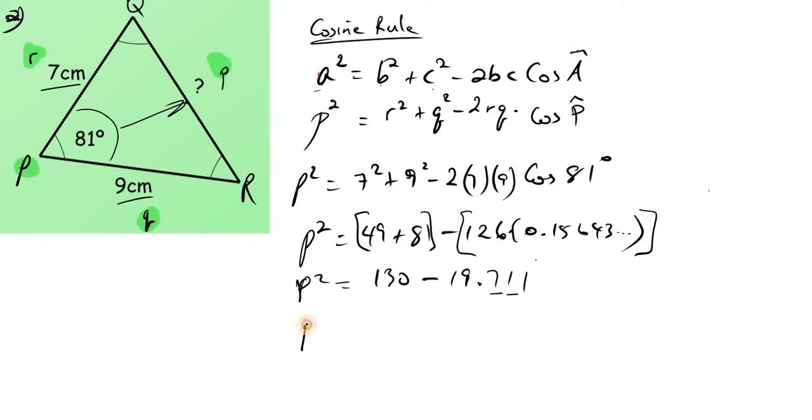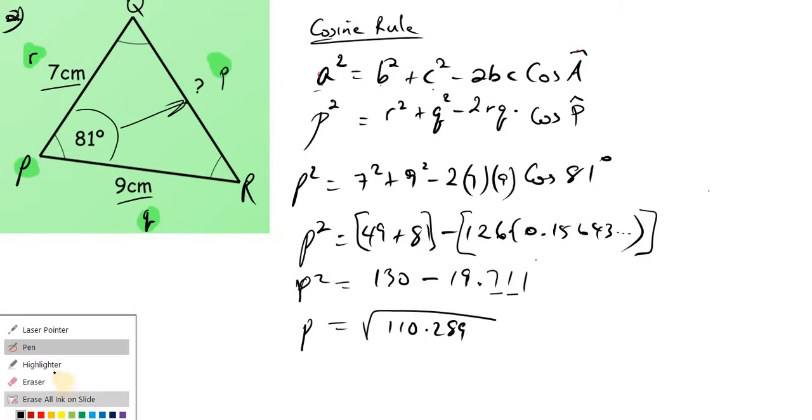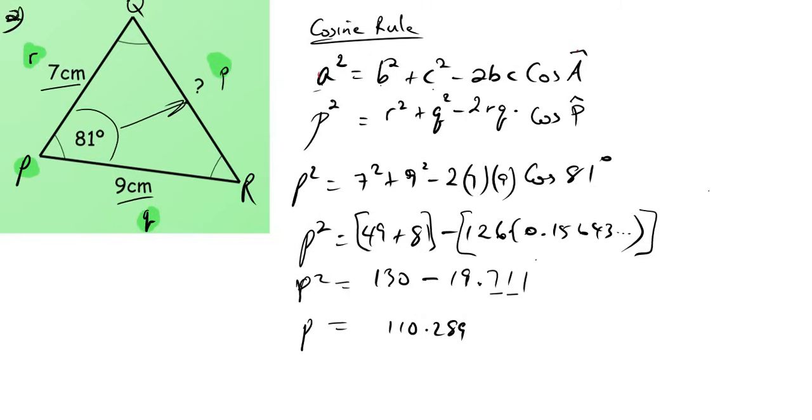All right, so now I'm going to have P equals the square root of, now I need to work out this portion here. What is 130 minus 19.711? That's 110.289. Now you might be wondering, okay, how did I get the square root there? So let's go back a little bit.